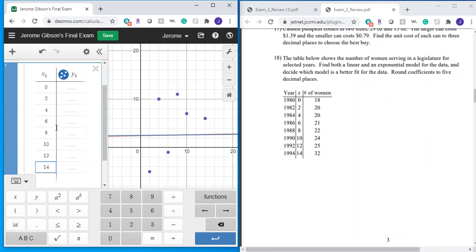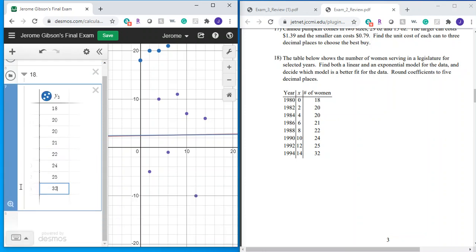Okay, so now we come up here and we will put in our y values. So it'll be 18, 20, 20, 21, 22, 24, 25, and also 32.